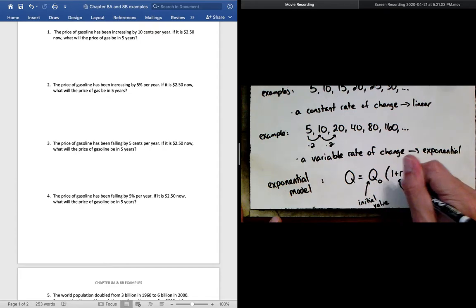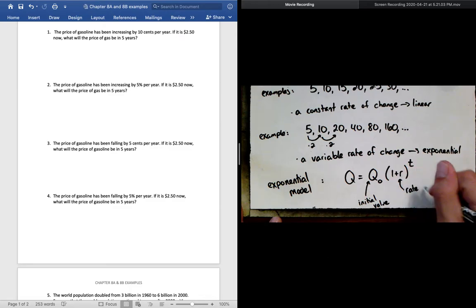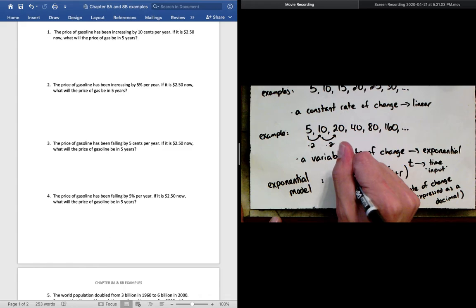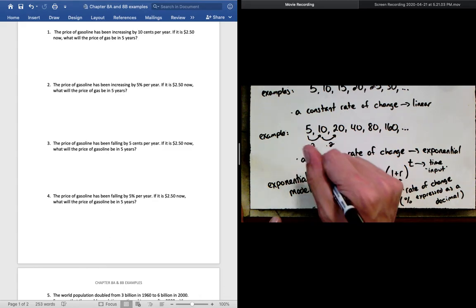The R value is our rate of growth or decay, and it's a percentage that we express as a decimal. T naturally is time. That is our input. And this Q by itself on the other side is our future value or our output.